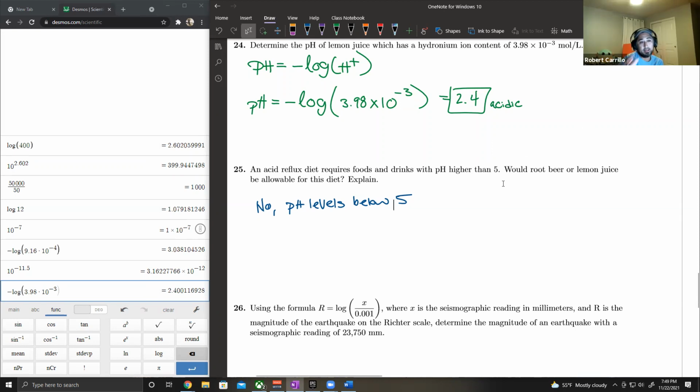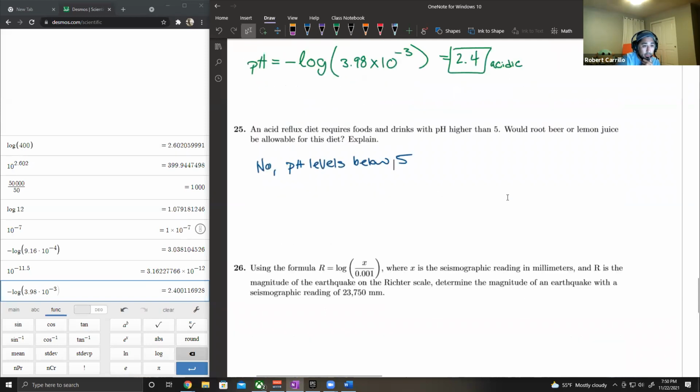Exactly. That's why I said that the pH levels of root beer and lemon juice are below 5, and in order to be on this diet, you need pH higher than 5. Okay, cool. So since they're below, we don't want to give those to anybody on this diet. Okay, I just wanted to make sure. No, yeah, you got it. You're good.